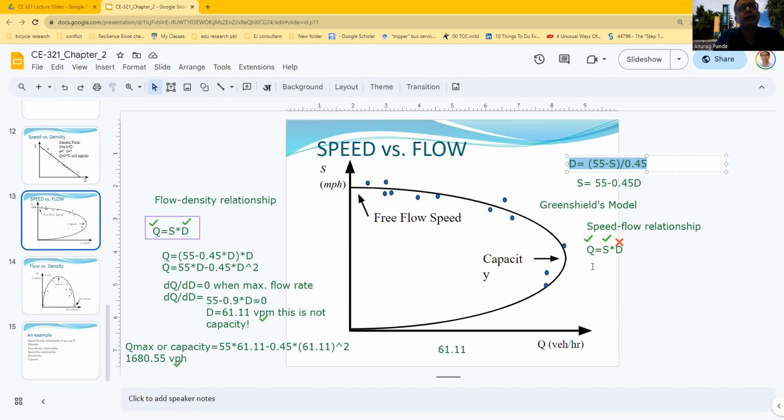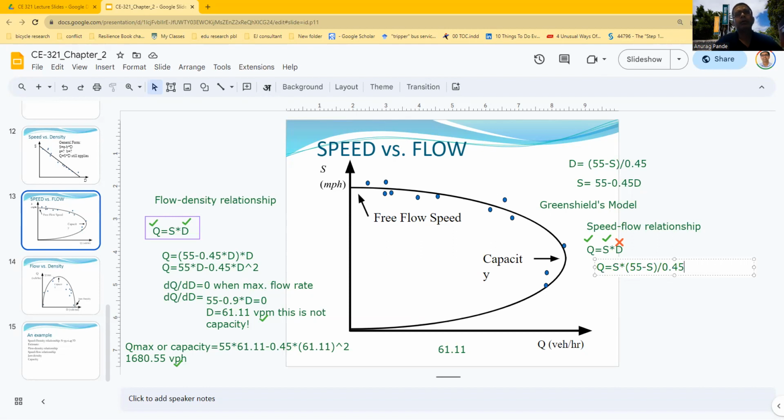So all I need to do then is say Q equal to S times density, which is 55 minus S, this whole thing divided by 0.45.